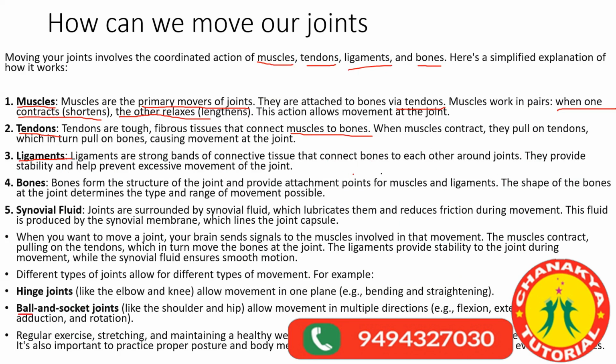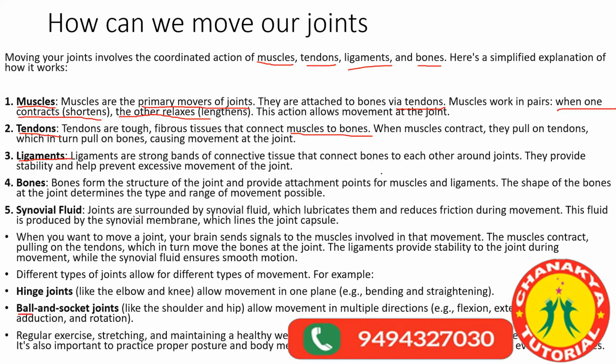They connect two bones. They provide stability and help prevent excessive movement of the joint. Like, you can't move your elbow in a whole rotation, right? It just provides the needed movement.